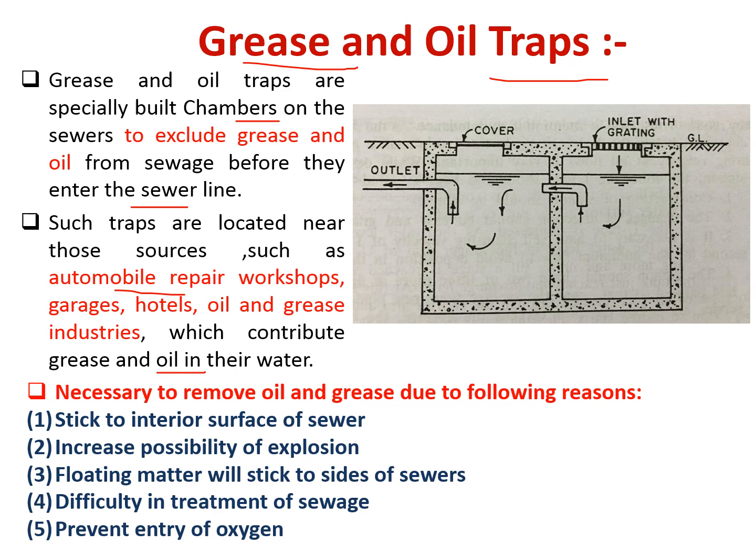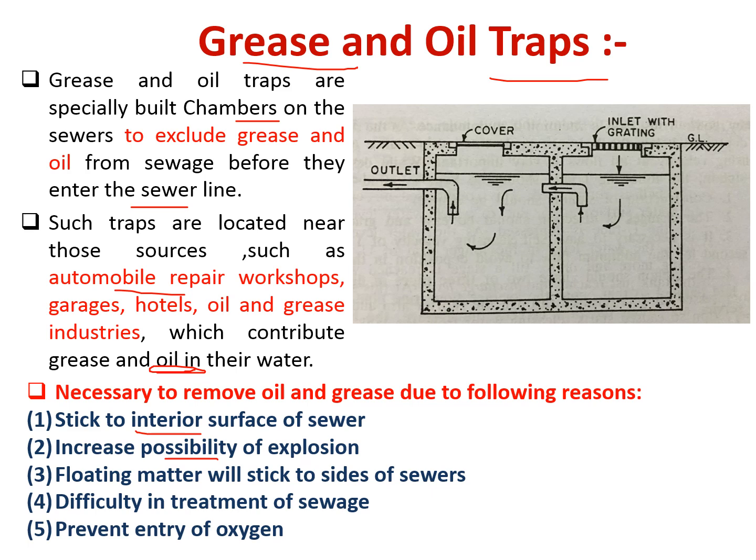So why we want to remove this oil and grease? Because of the following reasons: because it will stick to interior surface of the sewer and increase the possibility of explosion. So whenever such oil and grease are there, it will stick inside, and that is resulting in the explosion.